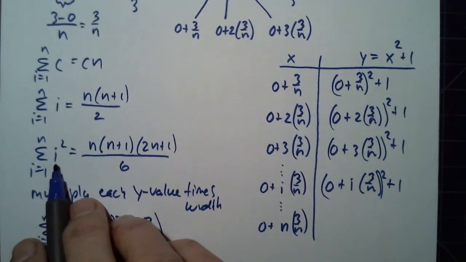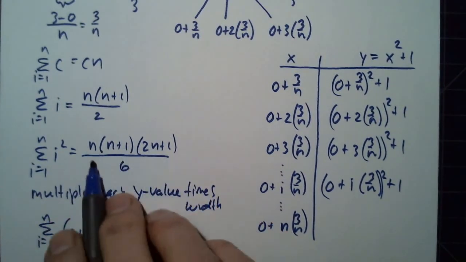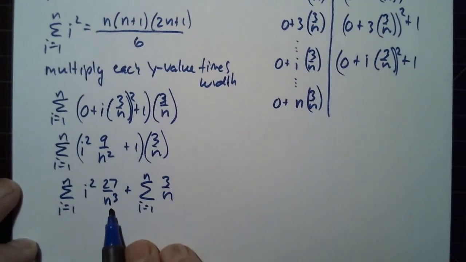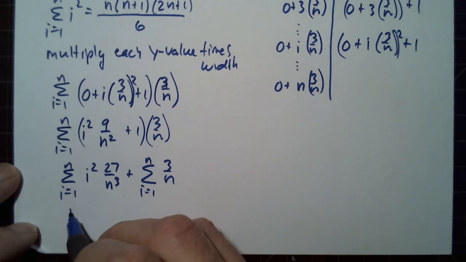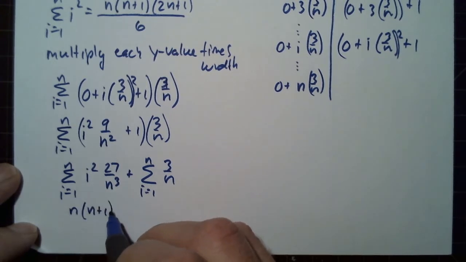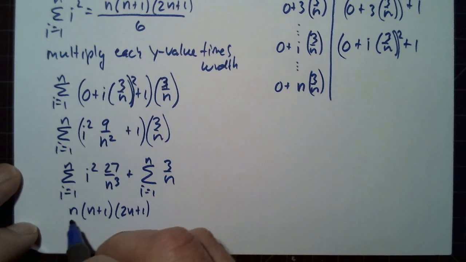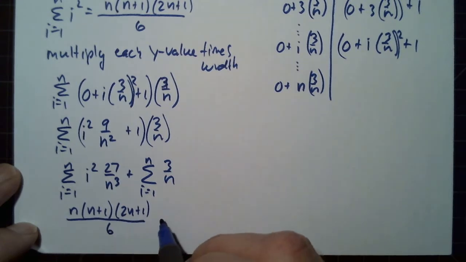But we know the summation of i squared is just this. I'm going to copy this and then multiply it by 27 over n cubed. So we have n times (n plus 1) times (2n plus 1) over 6 times 27 over n cubed.